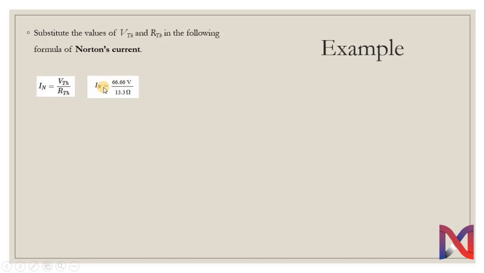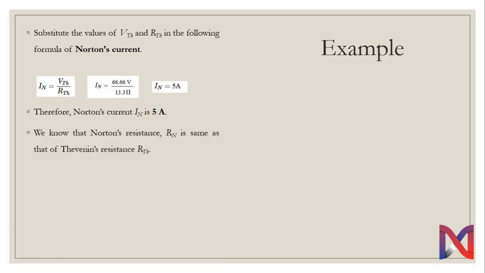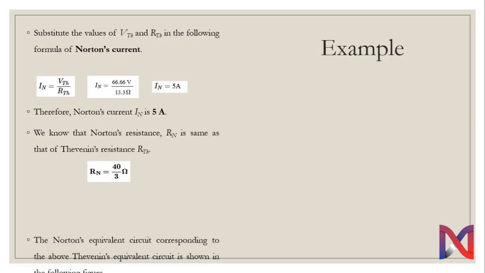So we have IN equal to 66.66 divided by 13.3 ohms. So we have Norton current equal to 5 ampere. We know that the Norton resistance is the same as that of the Thevenin resistance. So we have RN equal to 40 divided by 3, or 13.33 ohms.